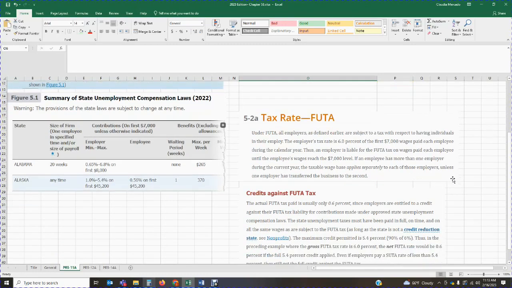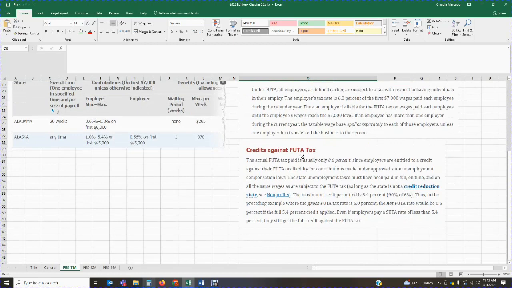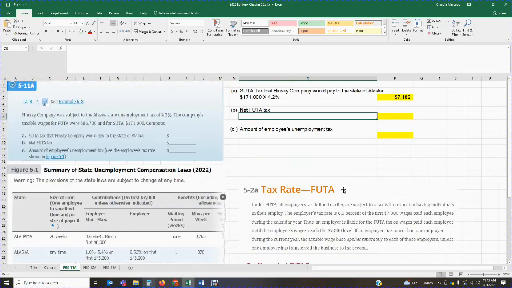If we continue reading forward in our book, it tells us that the actual FUTA tax is only 0.6% because the employers are entitled to a credit of 5.4%. So 6% minus 5.4% will give you the 0.6% actual FUTA tax rate. Make sure that you read and recognize all of that information.